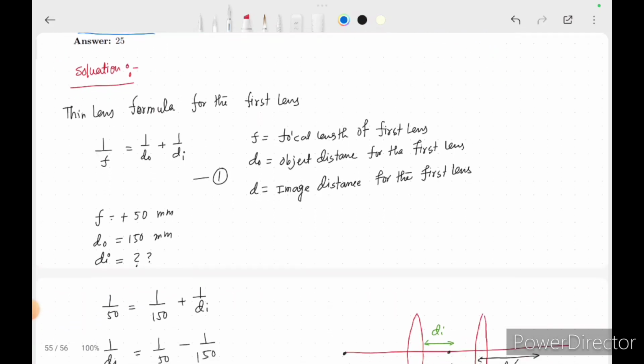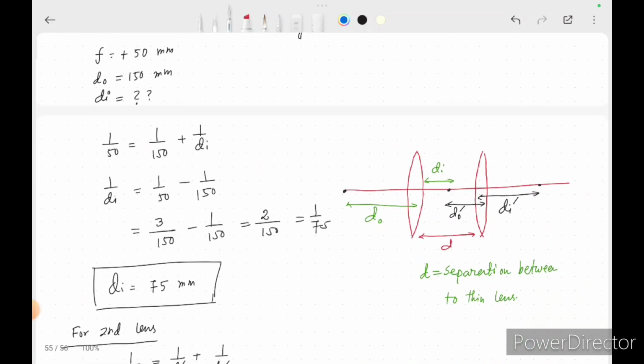First of all, the geometry of the lens system. This is lens 1 and this is lens 2, and here the object is present at a distance d_o, and this lens has a focal length f equal to 50 millimeter. For this first lens we get the image at a distance d_i.